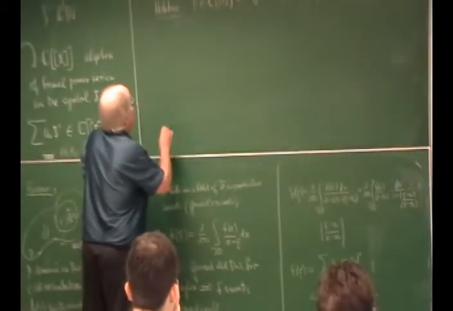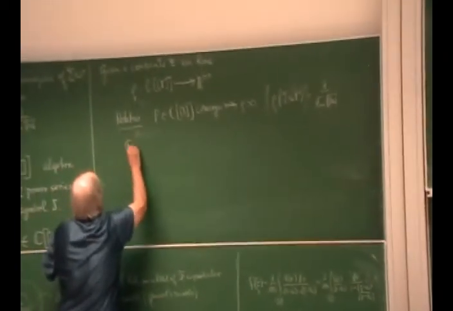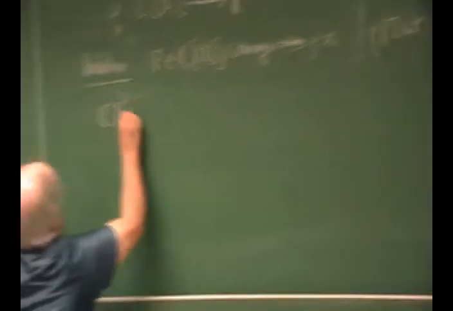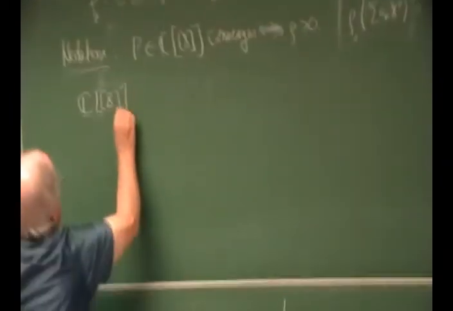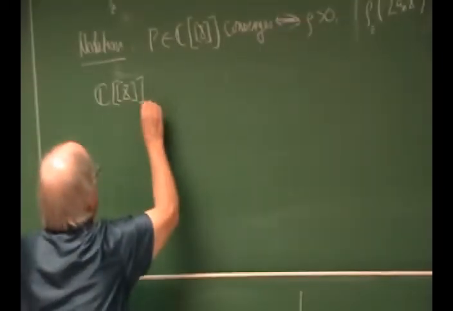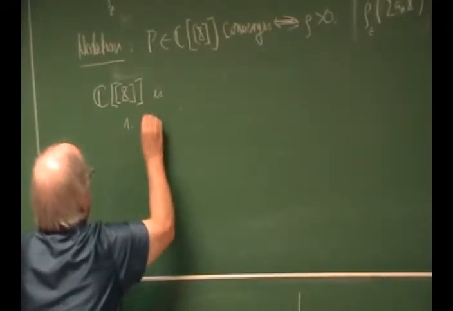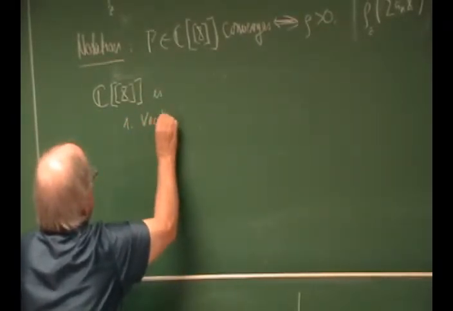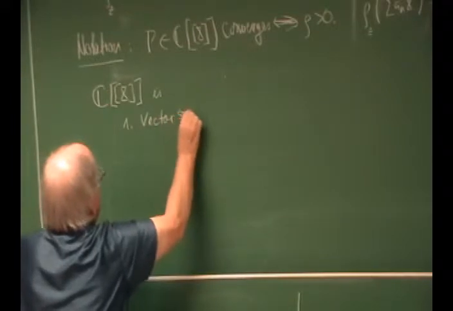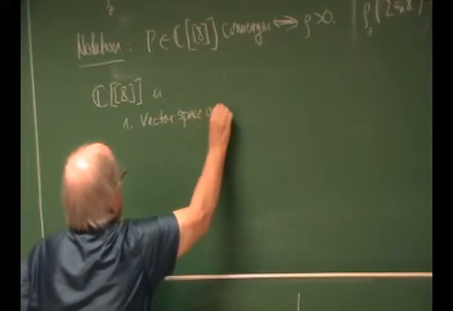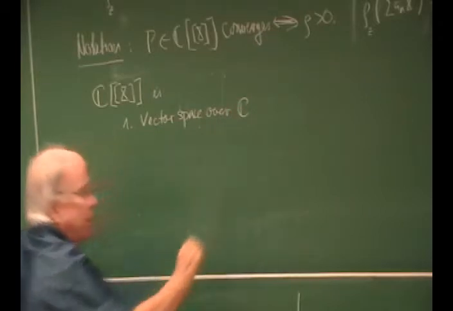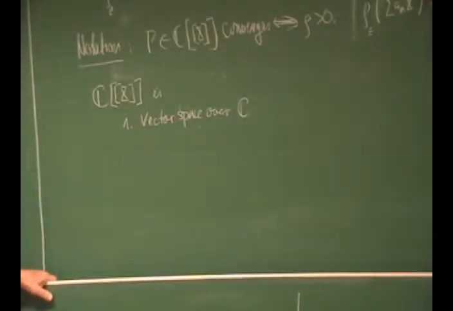Now, why did I say algebra? Is this a vector space over the complex numbers? You understand what I mean by that? If you take 2 elements of this thing, you can add them and take linear combinations of them. Well, it's pretty stupid how you do that. You have formal power series.